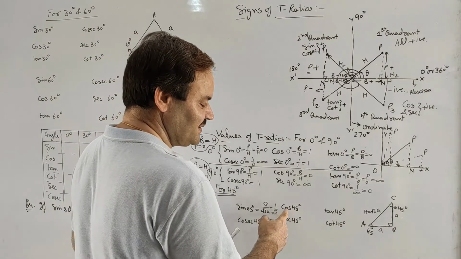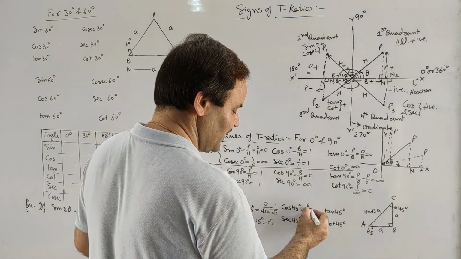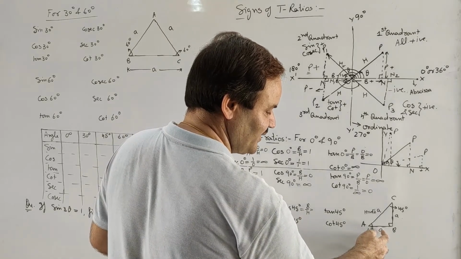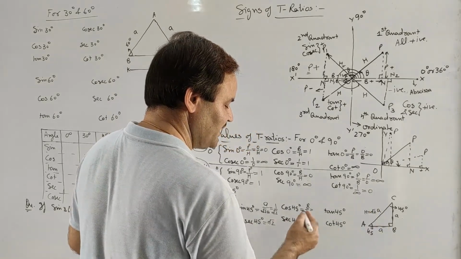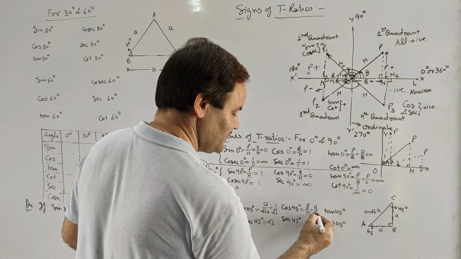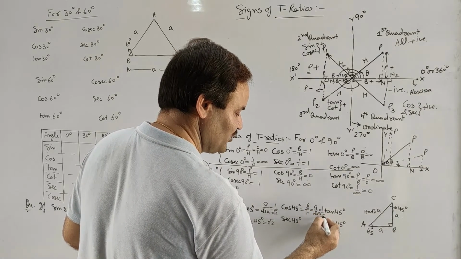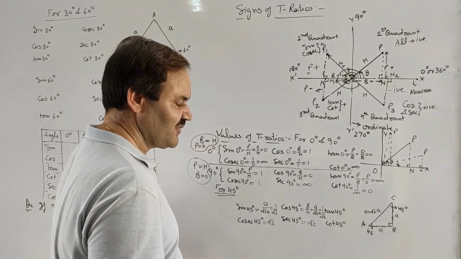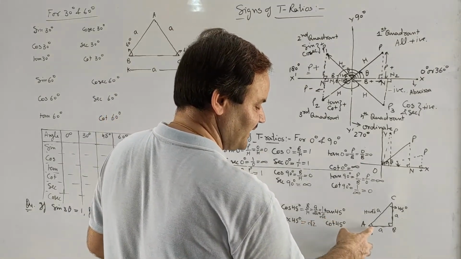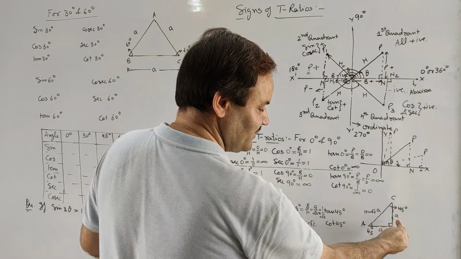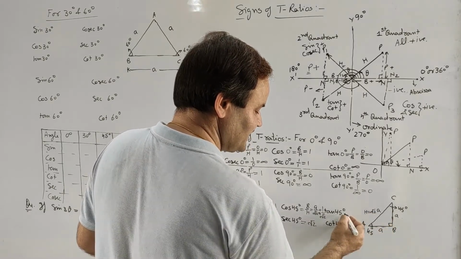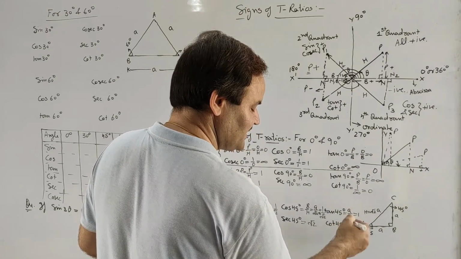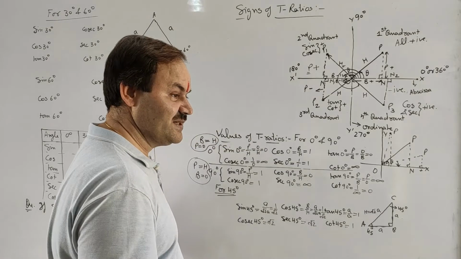Cos 45 degree is base upon hypotenuse, and base is also A, so A upon root 2 A will give 1 by root 2 again, and sec 45 will be root 2. When we come to tan 45, tan 45 is perpendicular upon base, perpendicular and base both are A, so it will be A upon A, that is 1, and cot 45, reciprocal of 1, that is 1 again.